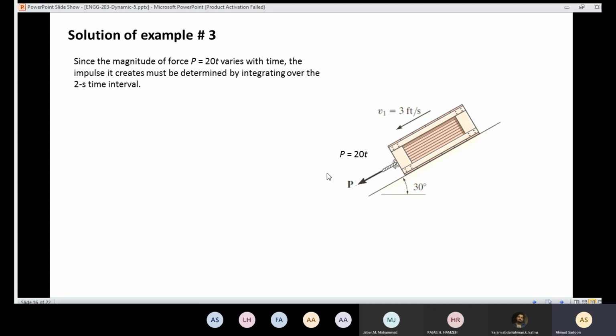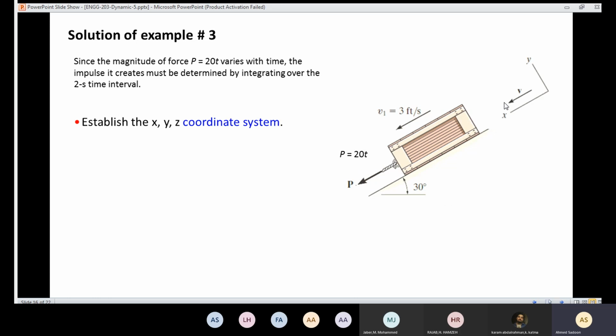So don't forget about that. The force here is not constant. Then the first step to be done is to establish the XYZ coordinates. Since the problem is 2D, we need to put X and Y. Here the plane is inclined, which means it's better to align X and Y with that plane. And here is the direction of the velocity, so it's better for the positive X axis to be in this direction, because this is the direction of the motion.